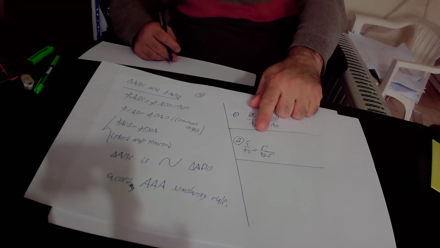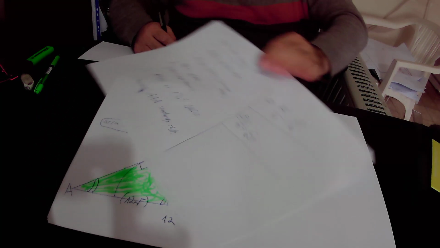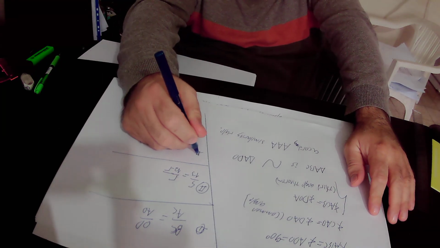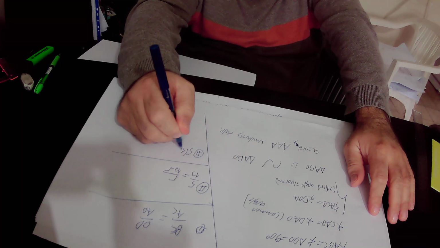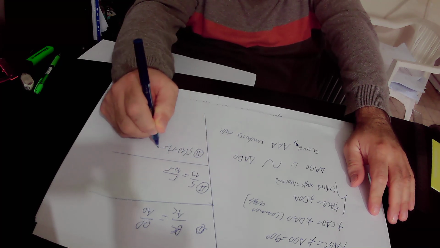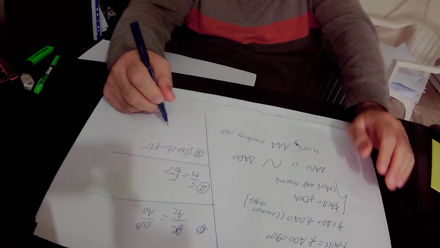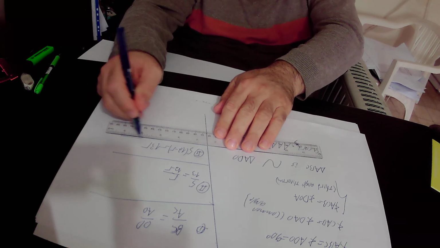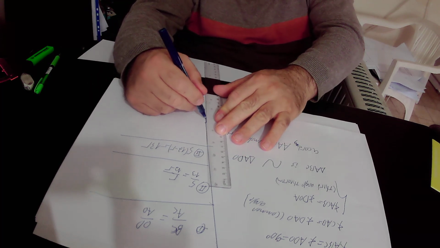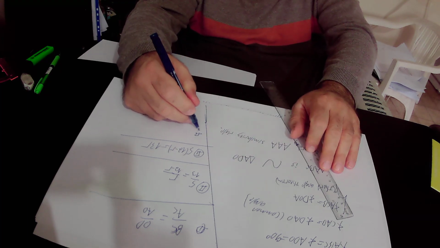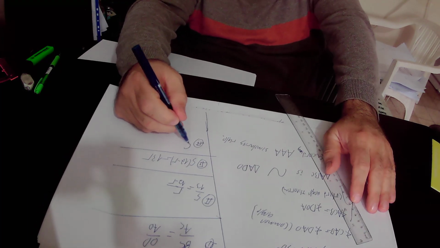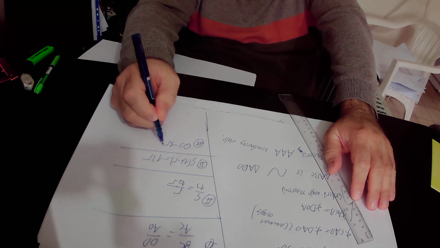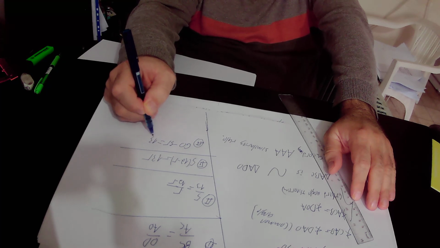Here we will cross multiply equation number 2 and we will get that 5 times 12 minus R equals 13R. Here we will open the brackets on this side of equation number 2 and we will get that 5 times 12 is 60, 5 times minus R is minus 5R, and it equals 13R.